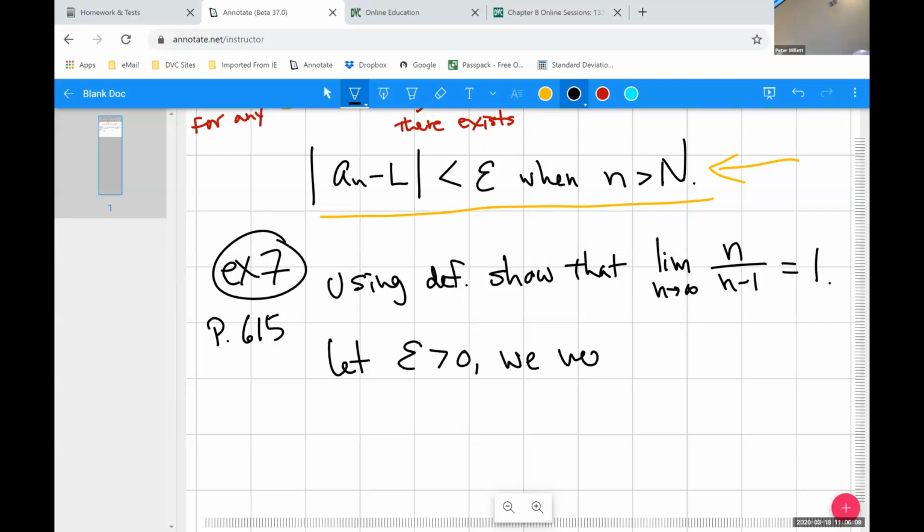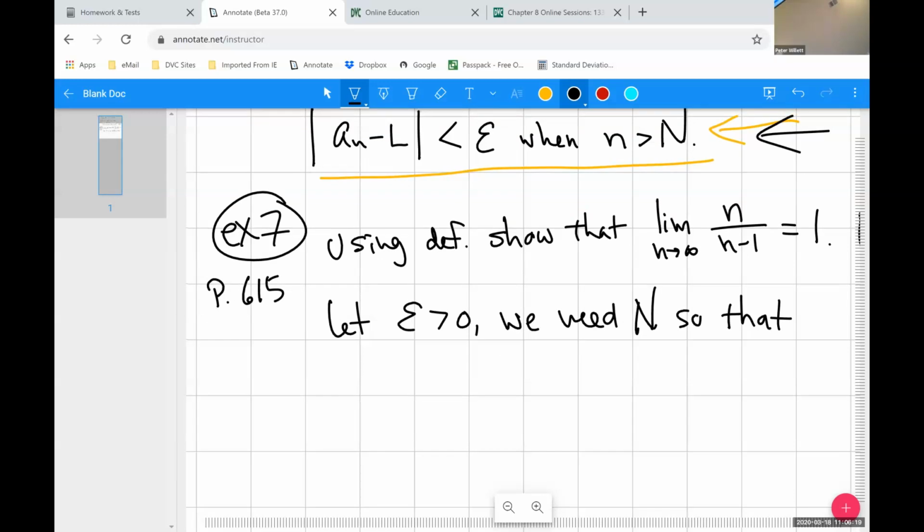We need N so that that's true. We need an N, and now we put in the specifics. We need N such that the absolute value of the sequence, which is n over n minus 1, minus L, the L value of the sequence being 1, is less than epsilon.